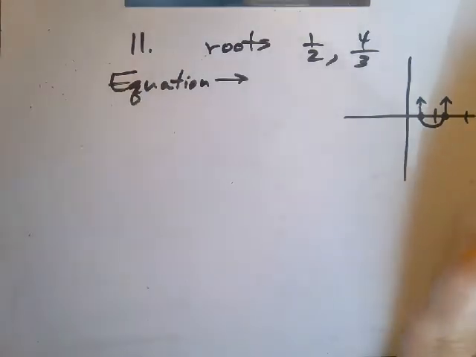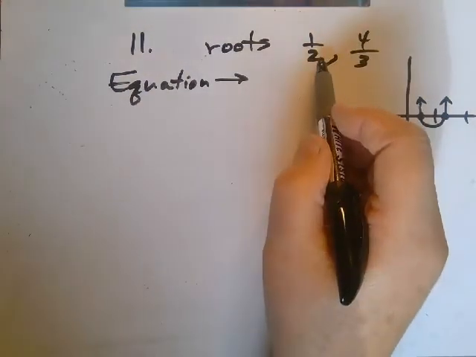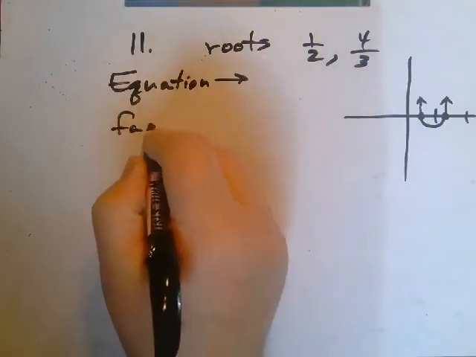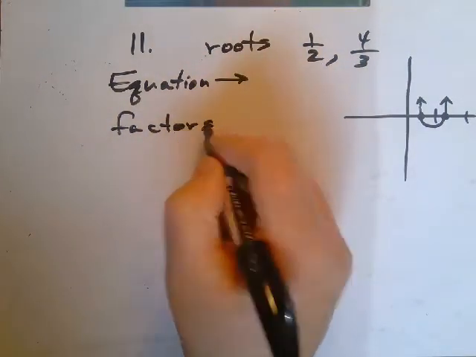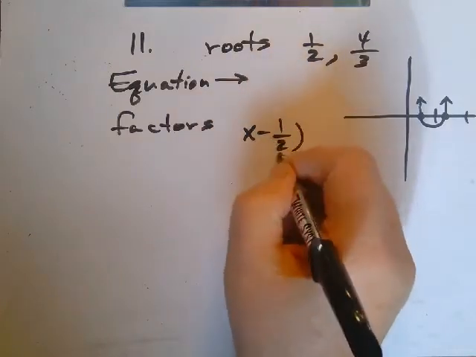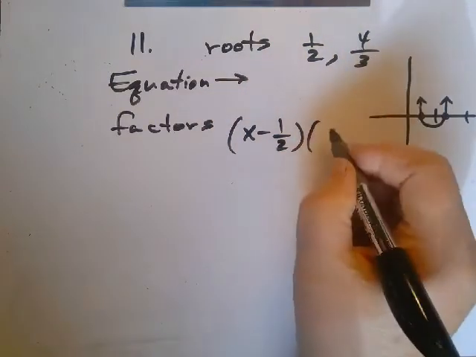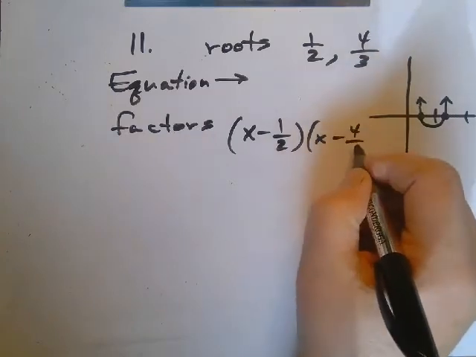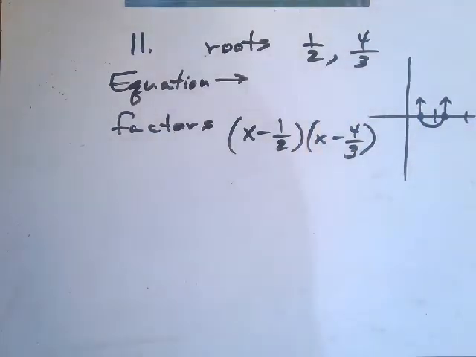Okay, so if these are our roots, then the factors have to be x minus the root, x minus the root. There are 2 factors.